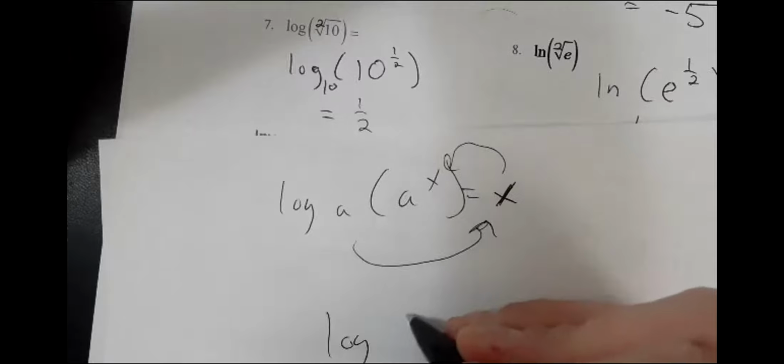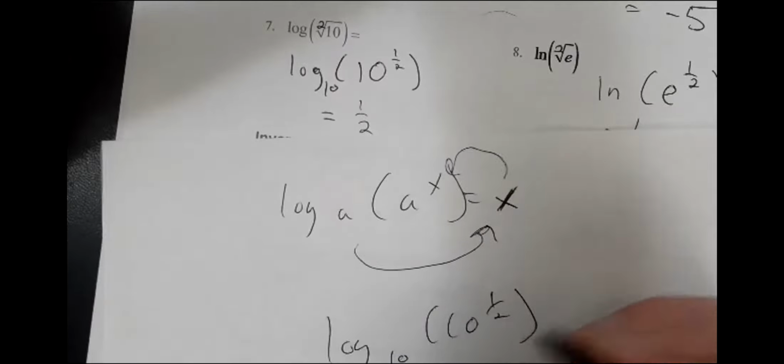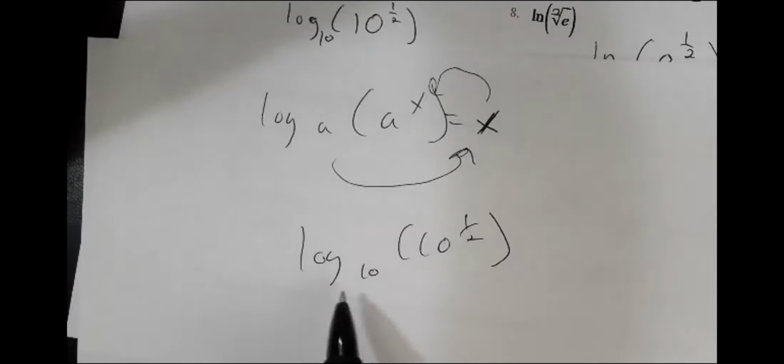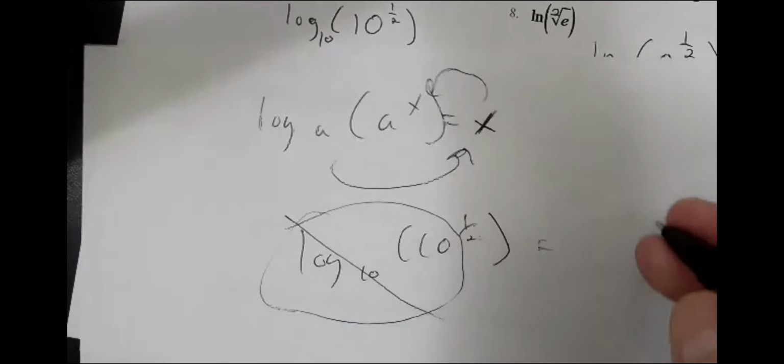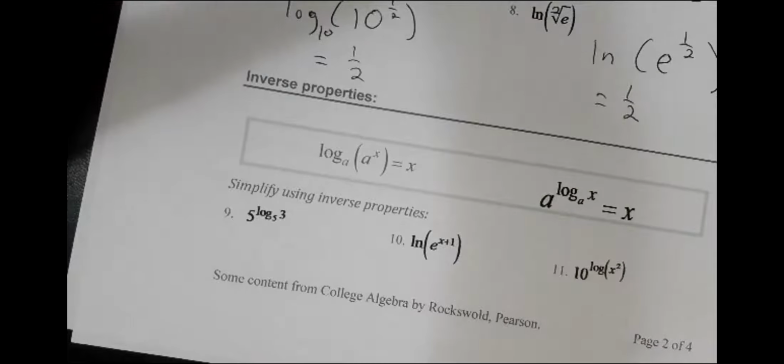Again, if we have log base 10 of 10 to the, I don't know, half, as we had previously, this 10 is my base, and these are inverses. What I'm really concerned with is that half coming off of there.